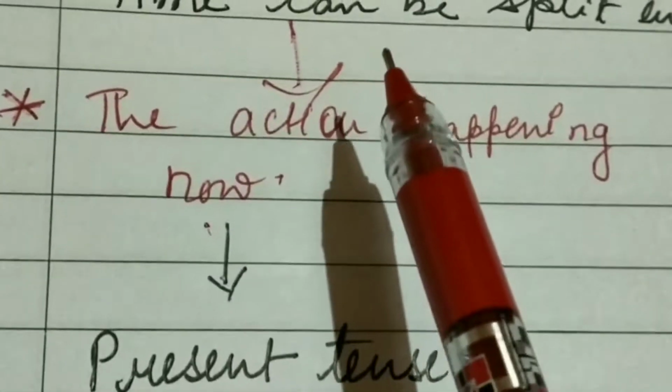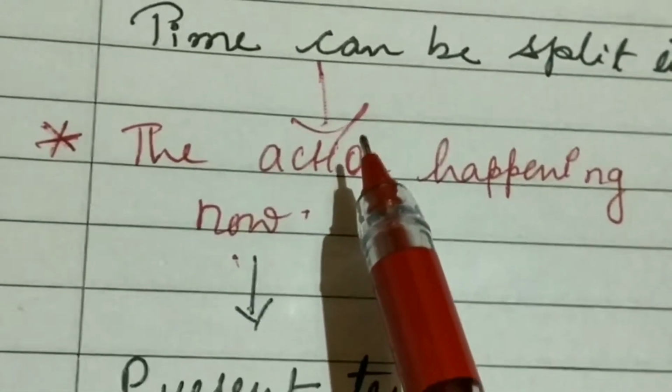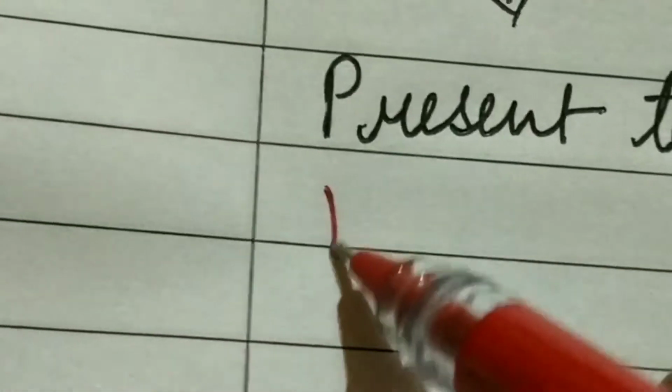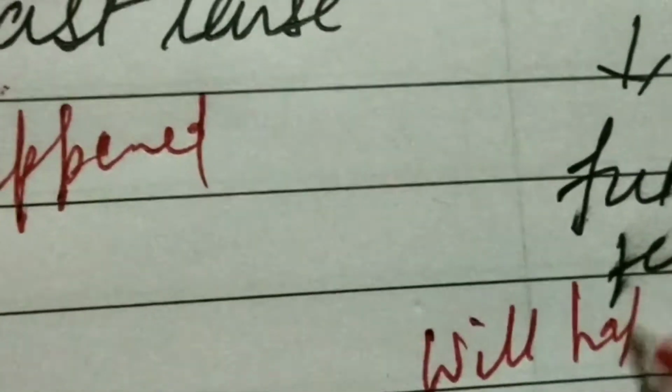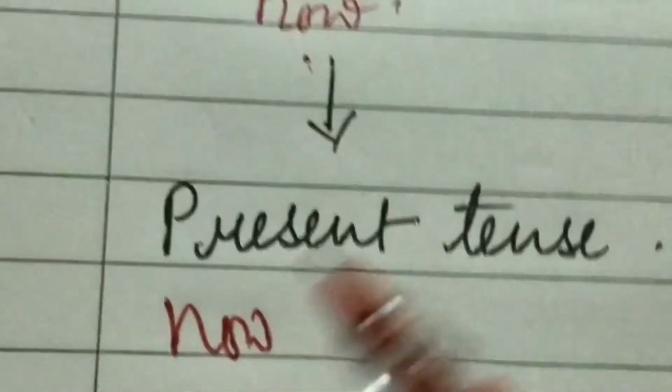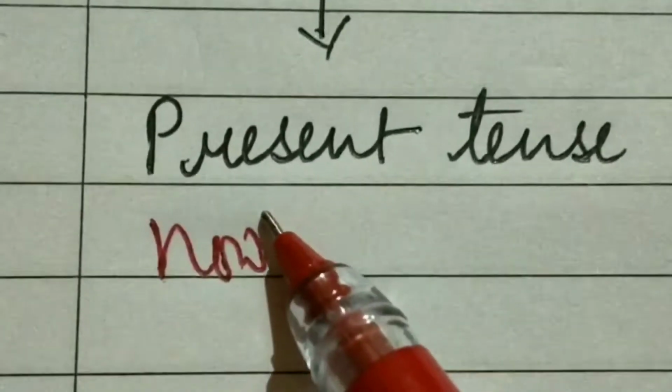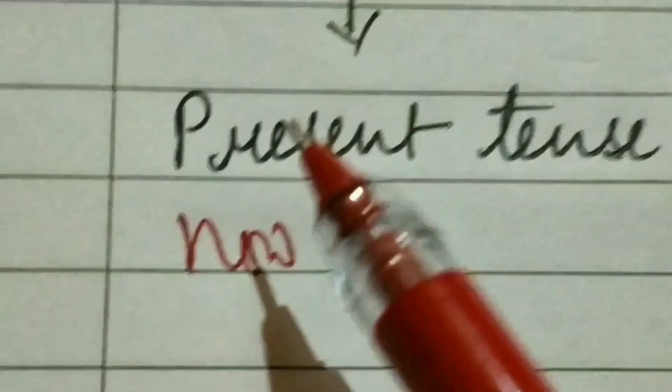So in terms of tenses, there are three broad terms: present, that is happening now, past, that has happened, and future, that will happen. So in broad sense, according to the time which the verb denotes, the tenses are divided into three: present tense, past tense and future tense. So I hope you have understood this much.